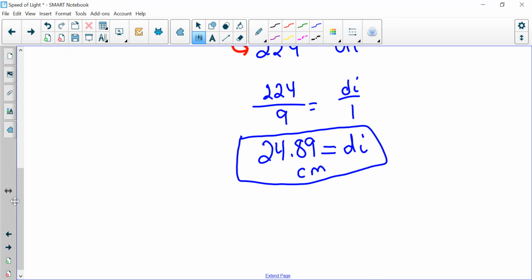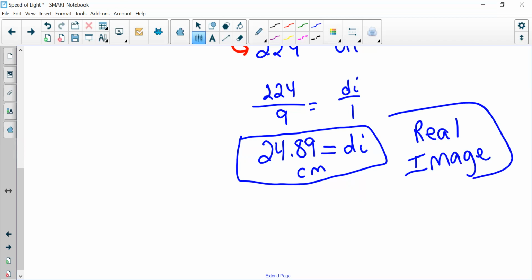Is it a real image because the DI is also positive? Very good. This would be a real image. It doesn't ask me that in the question, but let's just try to make as many connections as we can. All right, any questions on that one?